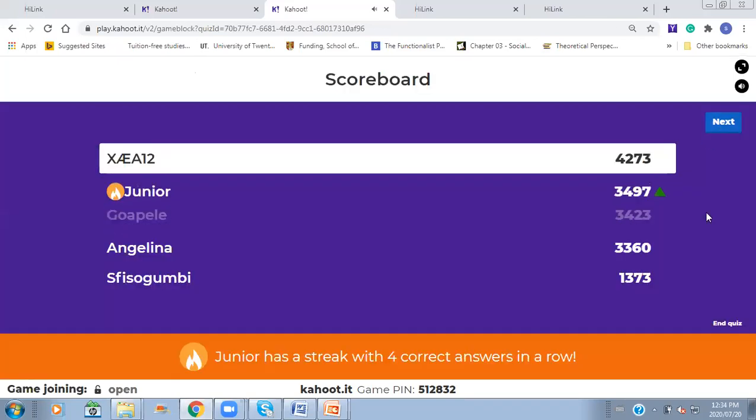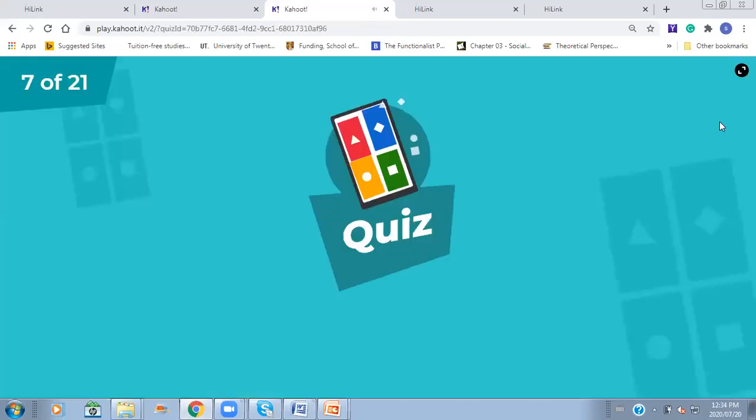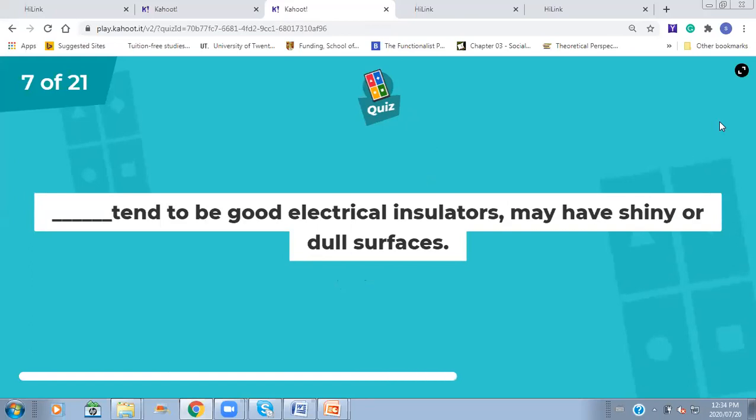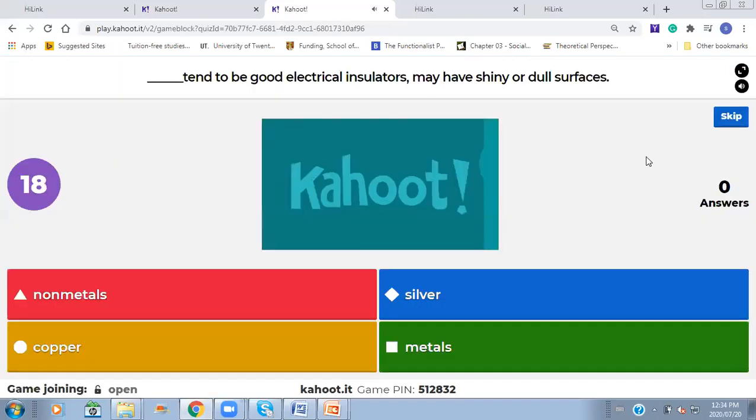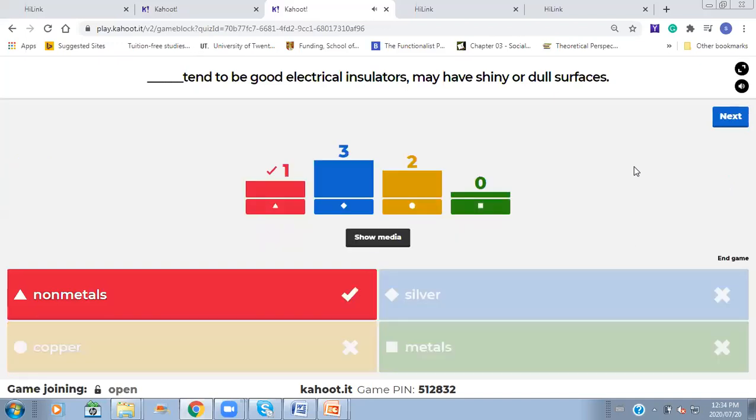You should wear all the above. All right. Let's get going. Dash tend to be good electrical insulators. May have shiny surfaces or dull surfaces. Okay, then the first one is non-metals. Let's go on.